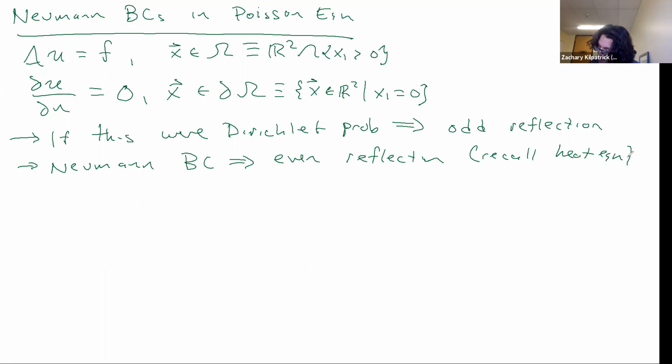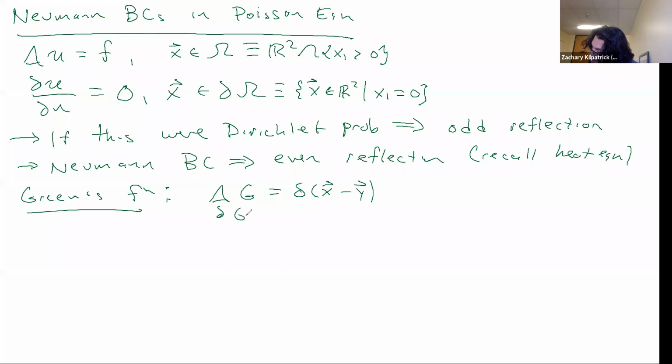To get the Green's function, which I can then integrate against my inhomogeneities, I would want to solve the problem: Laplacian of G is equal to delta of x minus y, and then dG/dn is equal to 0 on the boundary here.